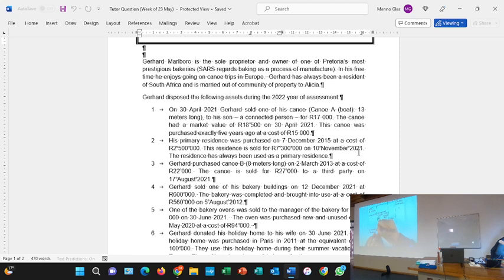So your CGT would then be 7.3 minus 2.5.